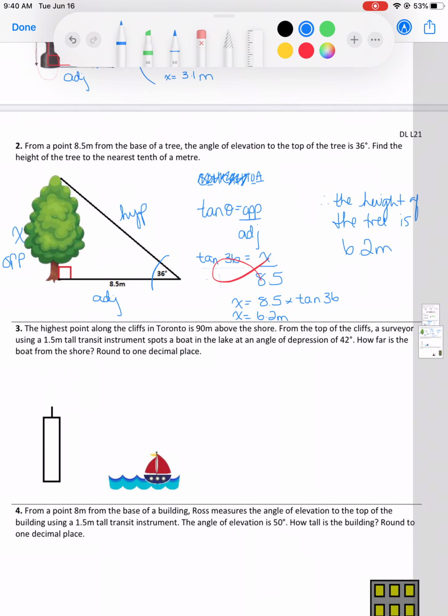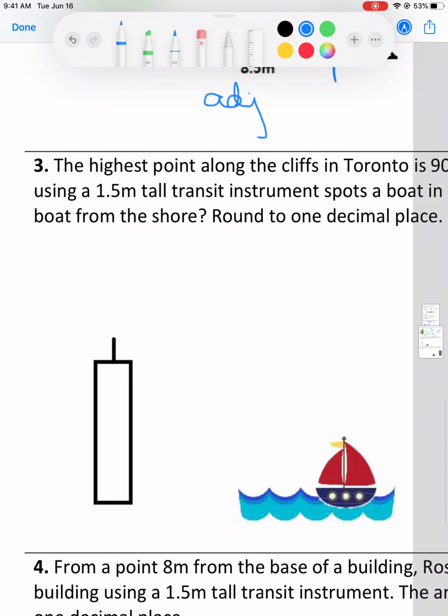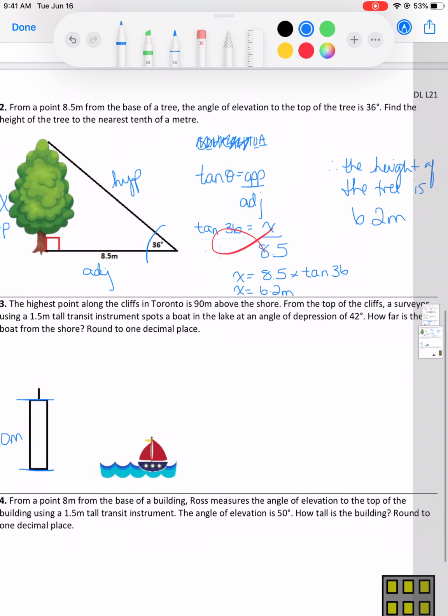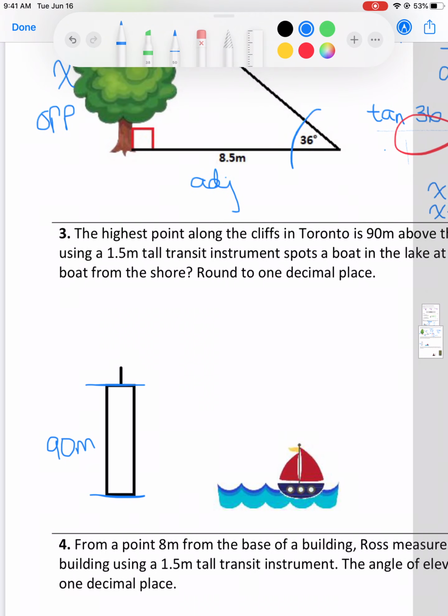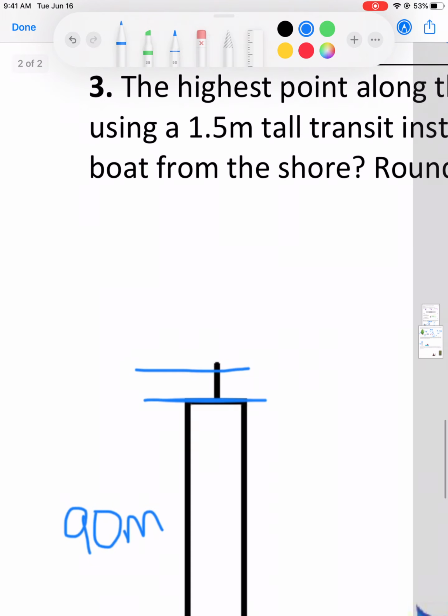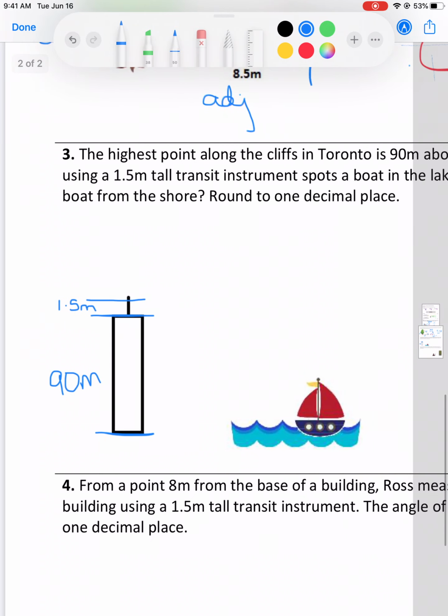The highest point along the cliffs in Toronto is 90 meters above the shore. Okay, so this is the cliff. So this is 90 meters. From the top of the cliffs, a surveyor using a 1.5 meter tall transit instrument, so that's this, so this whole thing is 91.5 meters.